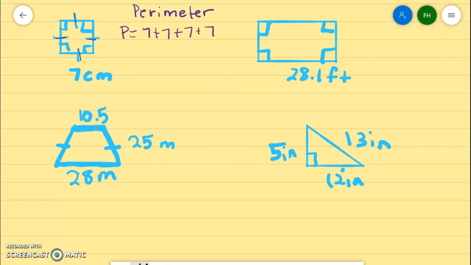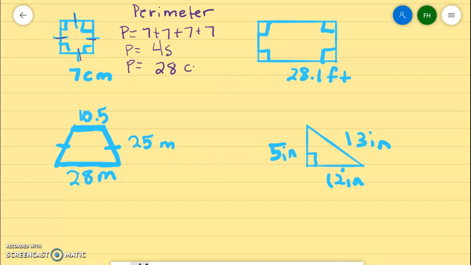So a lot of students get confused on, well, do I multiply? Do I add? Well, basically the formula for the perimeter of the square is 4 times s, or adding up the sides. They're all the same. So you can just add all 4 sides up and get your answer, or do 4 times 7.